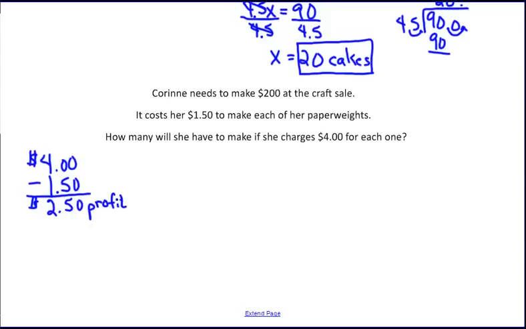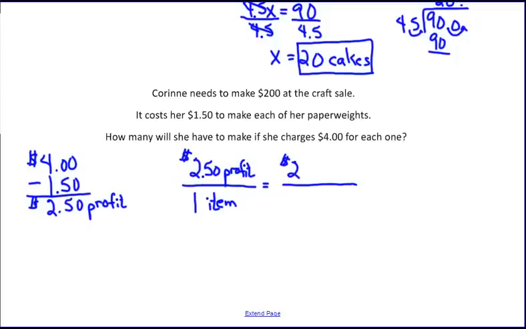So if she needs to make $200, let's set up a proportion again. We know that she will make $2.50 profit if she makes one, and I'm going to call it one item. She wants to make $200 profit.